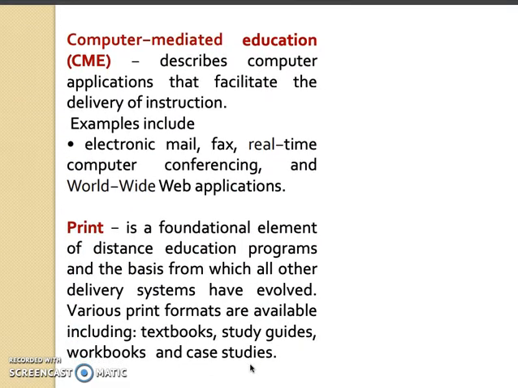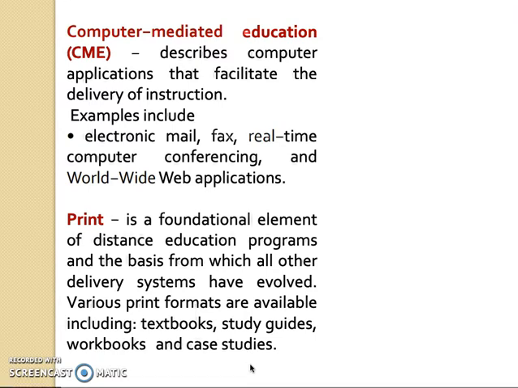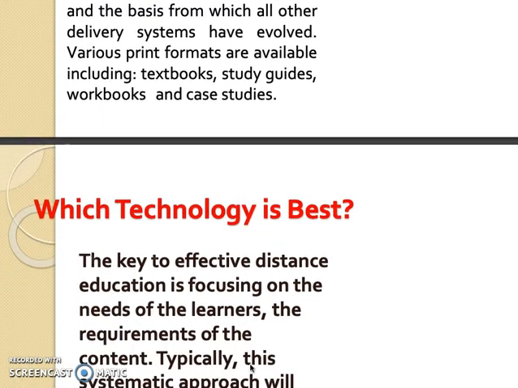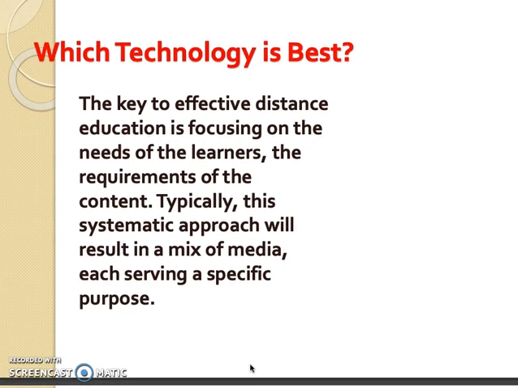The next one is computer-mediated education. It describes computer applications that facilitate the delivery of instruction. For example, they include electronic email, fax, real-time computer conferencing, and World Wide Web applications. Next one is print. So how do you think, which technology is best?